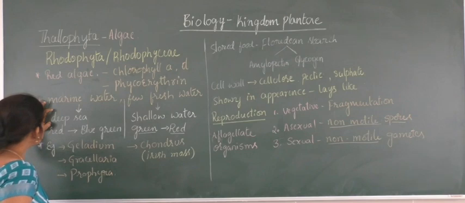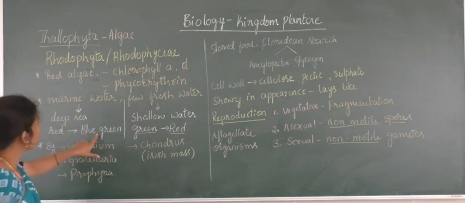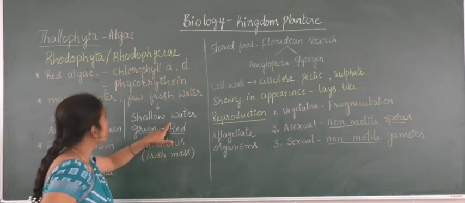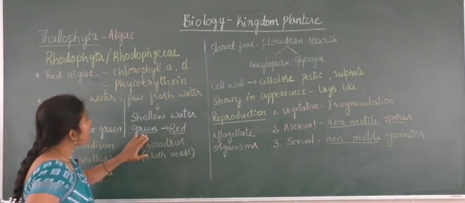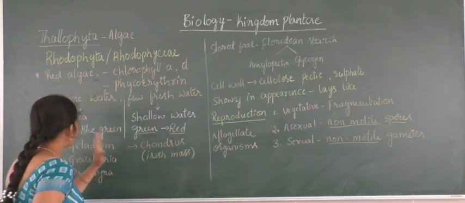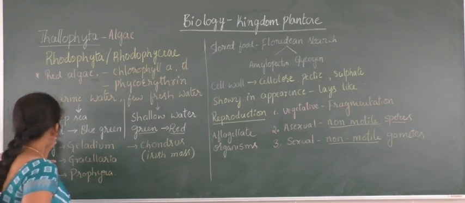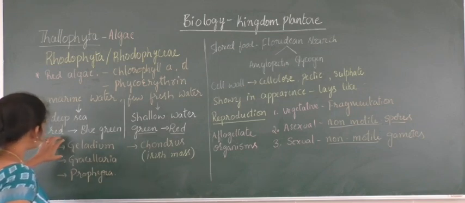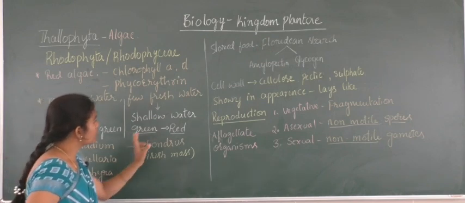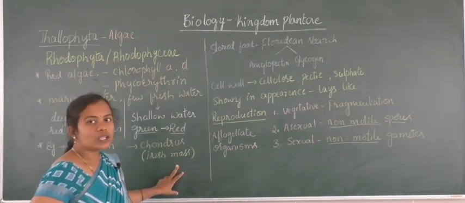If they are present in deep sea areas, they impart red color, but they absorb blue-green color from the visible light. And if they are present in freshwater shallow regions, they look green in color, but they absorb the red light. This is the difference that you need to focus on. Examples of Rhodophycean members are Gelidium, Gracilaria, Porphyra and Chondrus. And here Chondrus is also called Irish moss.